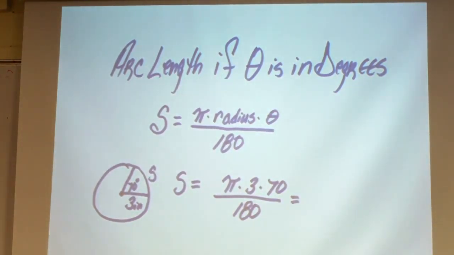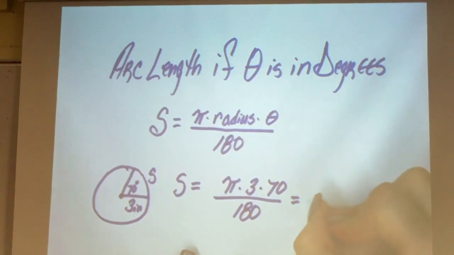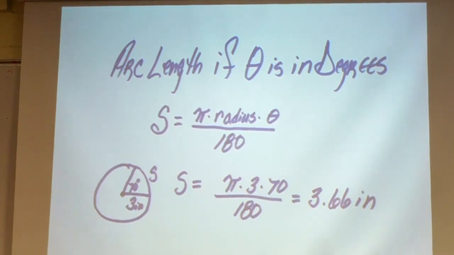Do this out on your calculator, and you will probably get a decimal. I got 3.66 as the length of my arc, 3.66 inches.